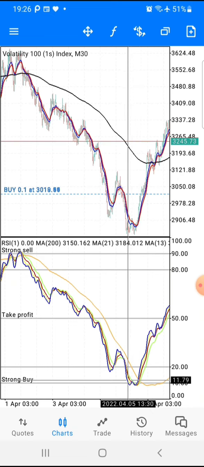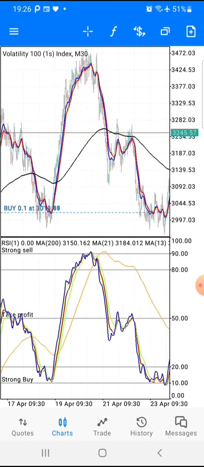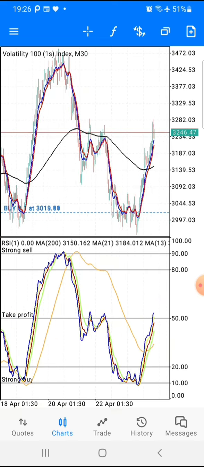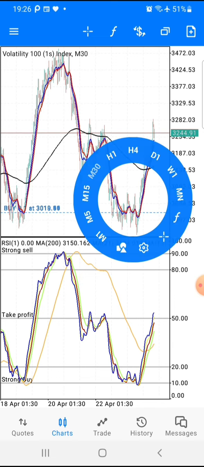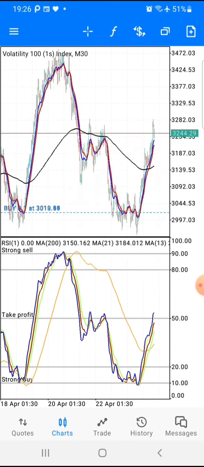You see, it's still the same here. So let me advise you, guys. How I do this is, if you have a small account, $20, $10, bro, don't trade on a big time frame like 30 minutes, because it will kill you. The 30-minute time frame is for people with big accounts, $50, $40, $80 and upwards.